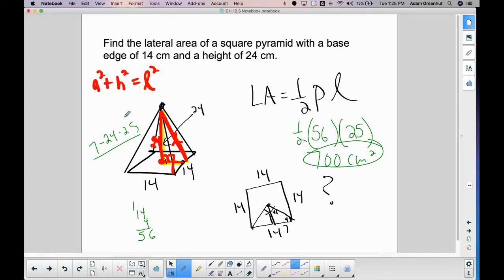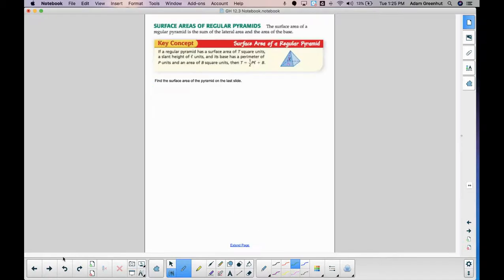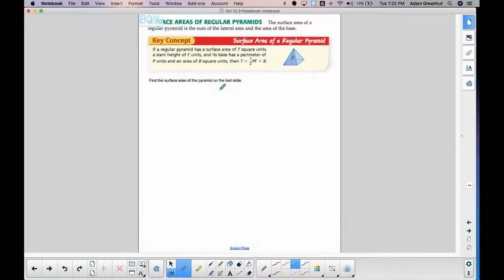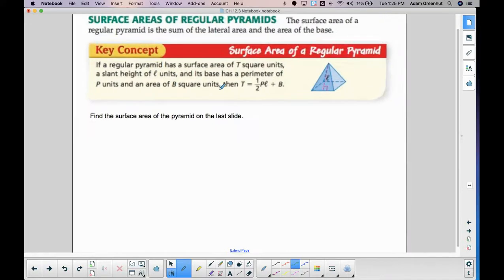And all we've just found is the sum of the lateral faces of the pyramid. So now, if we are going to find the surface area, well, we just have one base to add, which is why the total surface area is the lateral area plus the area of one base. There is only one base in a pyramid, which is why you're only adding one B.